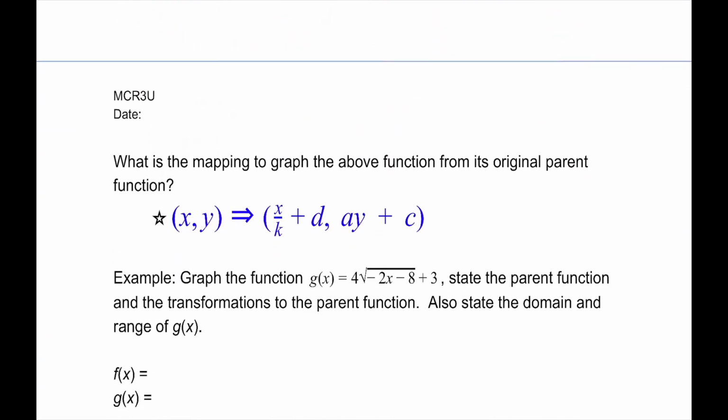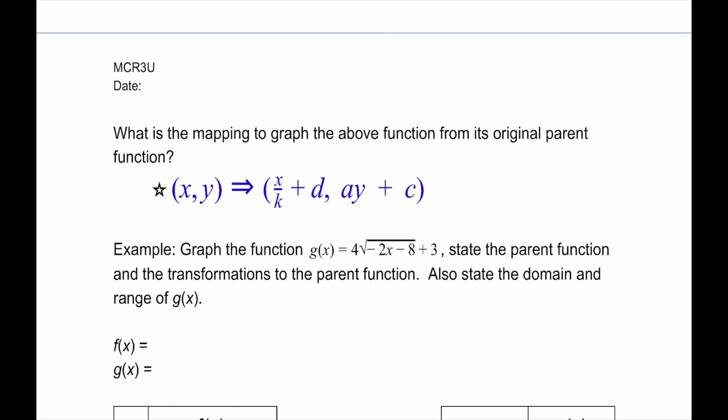So what's the mapping to the graph of the above function from its original parent function? So here is a general mapping notation.